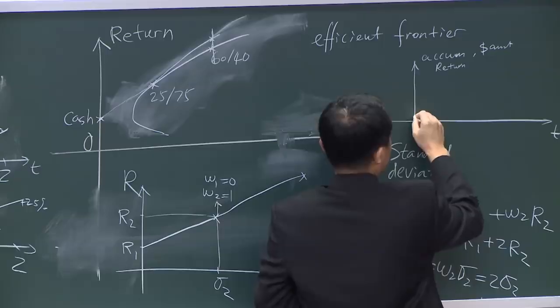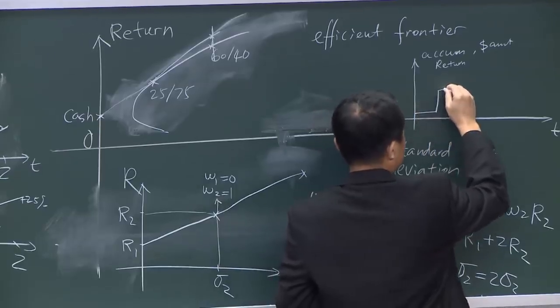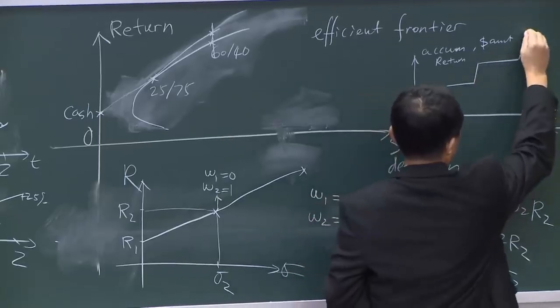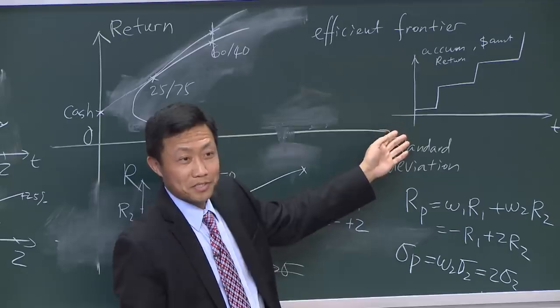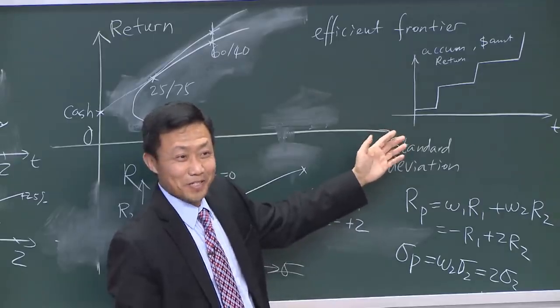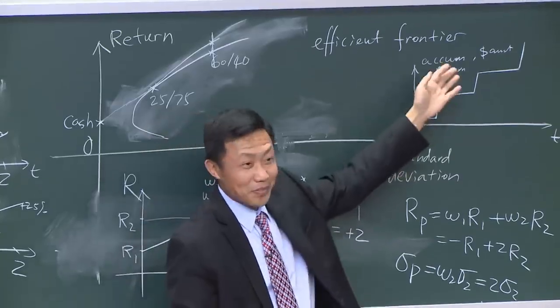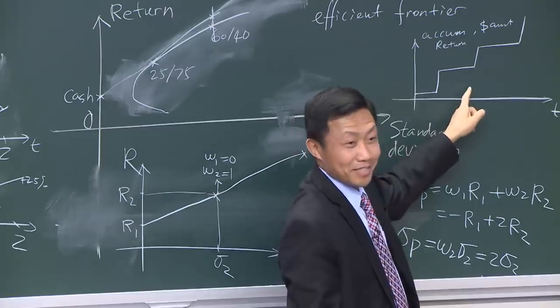So you start from here. If you go flat, then... does anyone like to have this kind of performance? Right? Of course. This is very nice. You keep going up. You never go down. But what's the volatility of that?